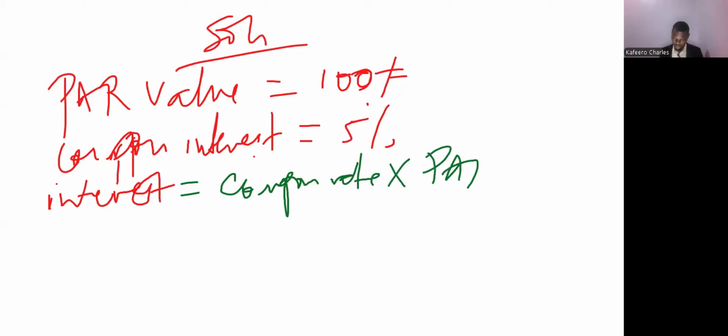The examiner will tell you how you are going to redeem this debenture or bond.